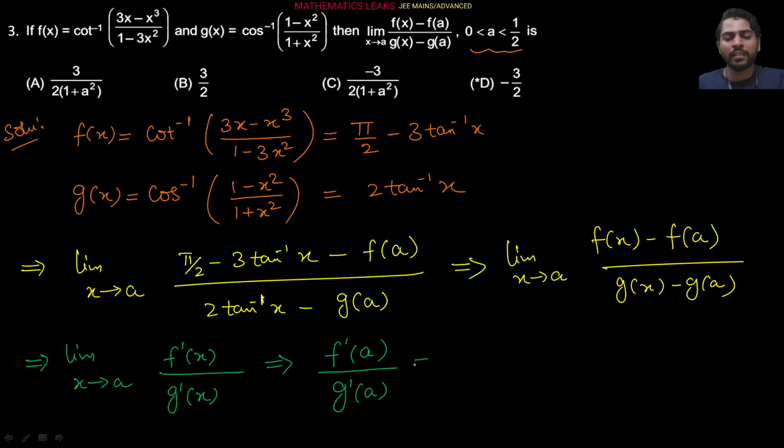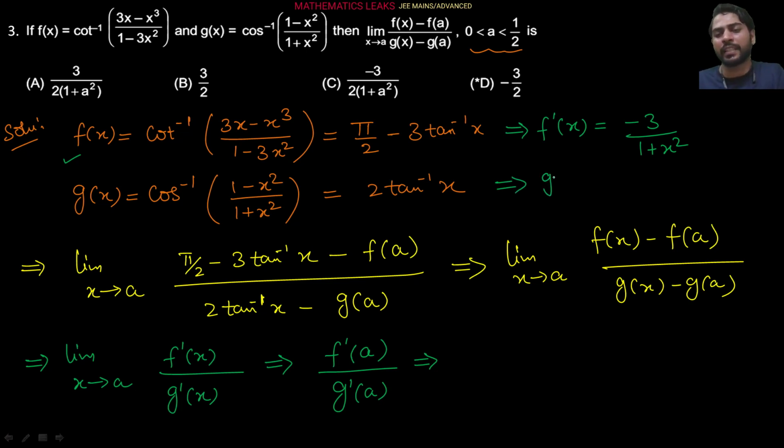Now everyone, from this part, if you see f of x is this, so what about f dash x? If we are talking about f dash x, pi by 2 differentiation is 0, minus of 3 tan inverse x differentiation is 1 upon 1 plus x square, right? Here observe, g of x is 2 tan inverse x, so its differentiation g dash of x we can say is 2 upon 1 plus x square, right?